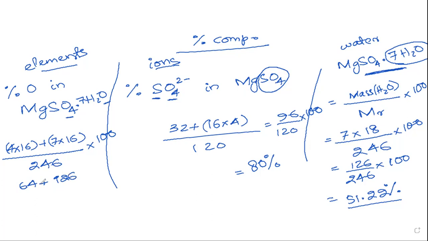Which makes the total 190. Wait, won't it be 176 over 246? Oh, my bad. This is not 126. I calculated hydrogen in between. So 176 over 246 into 100, and that is?